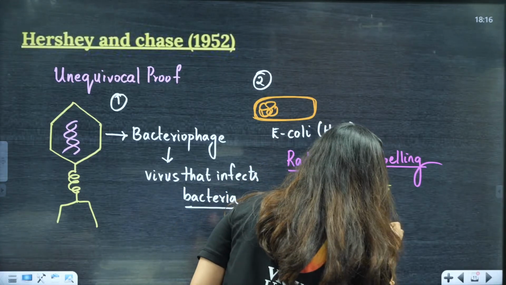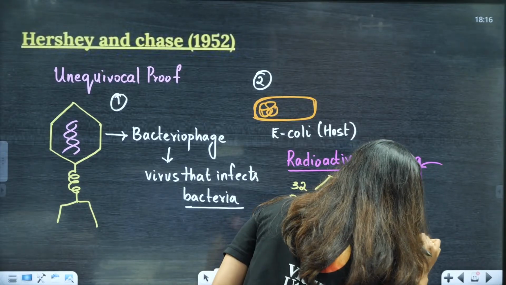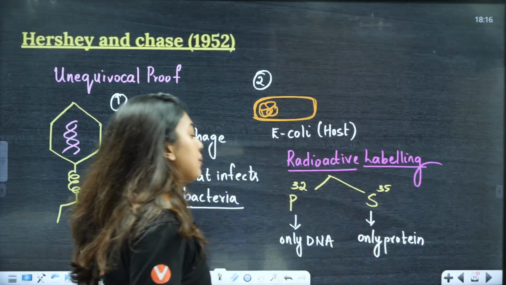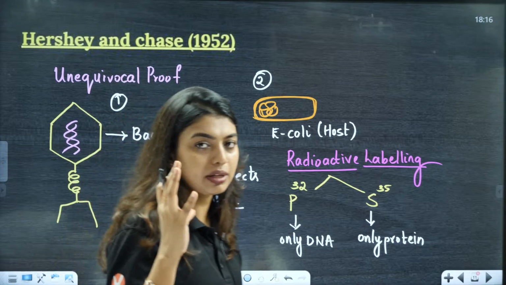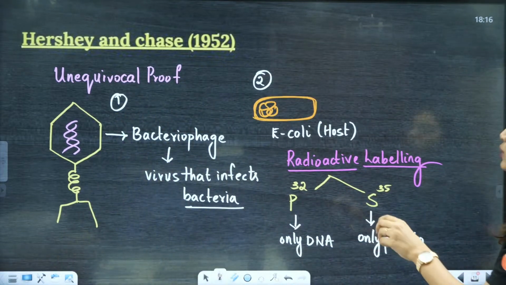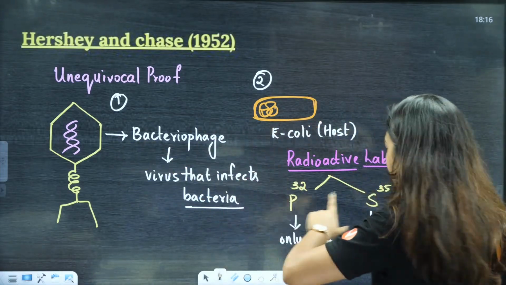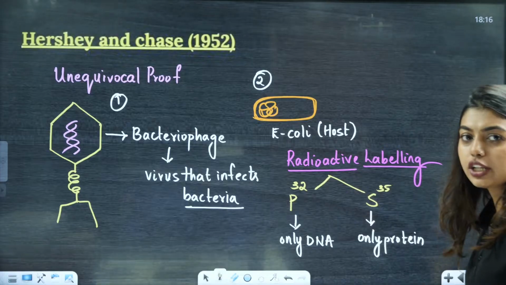Sulfur is only in protein, so only protein will get labeled. Radioactive labeling was designed on this concept. So if I use P32, only my DNA is going to be labeled. If I take S35, only my protein is going to be labeled.